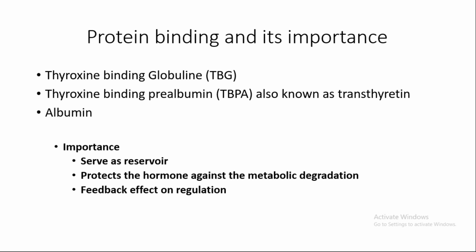Next, the plasma thyroxine binding globulin level decreases. In which condition does it decrease? It decreases in patients receiving glucocorticoids, androgens, and some chemotherapeutic cancer drugs. So these are the conditions in which the TBG level decreases.